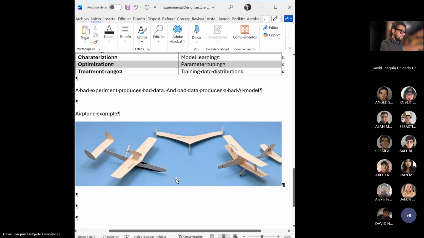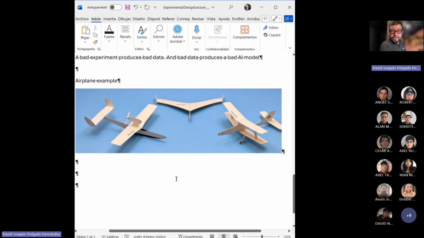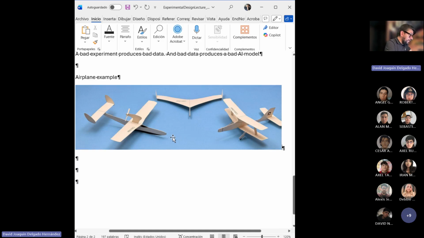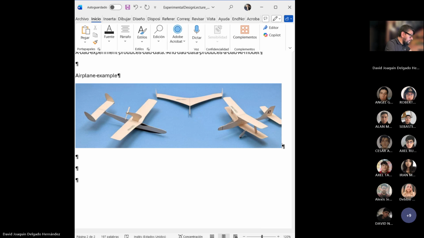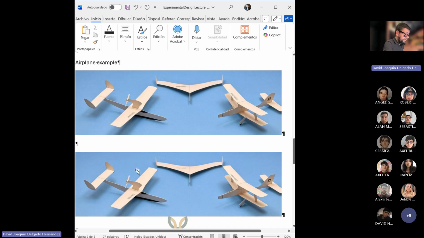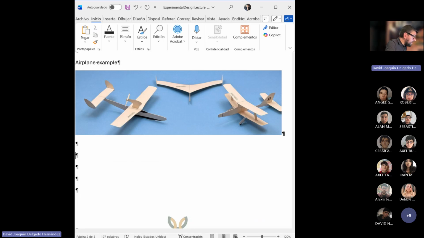So as you can see in this photograph, I have got three different models of airplanes, right? All of them have different characteristics, different features. And again, when I am designing these airplanes, I have to be very careful.